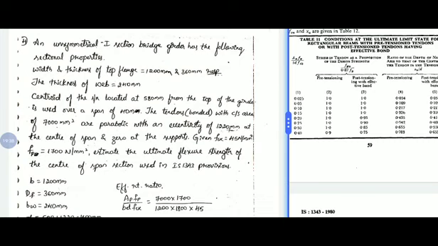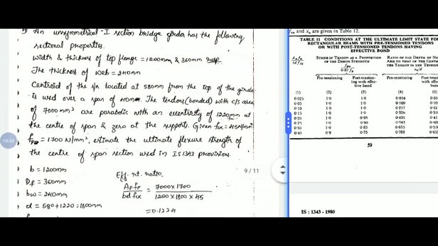In this question you can observe it is an unsymmetrical I section. Only the top flange details are given, that is thickness and width of the top flange.